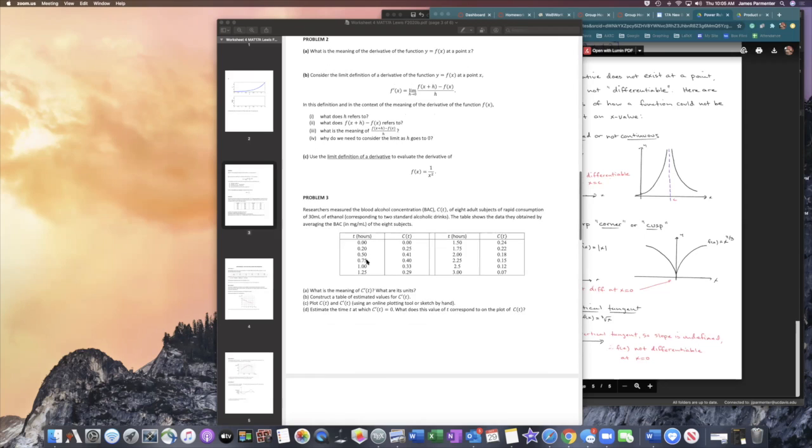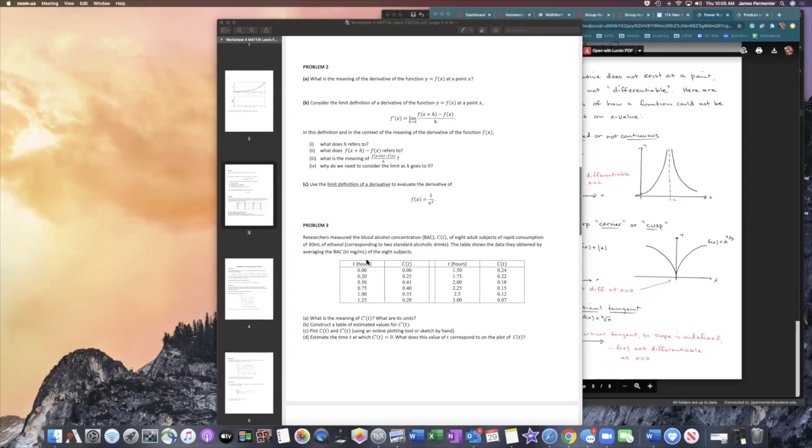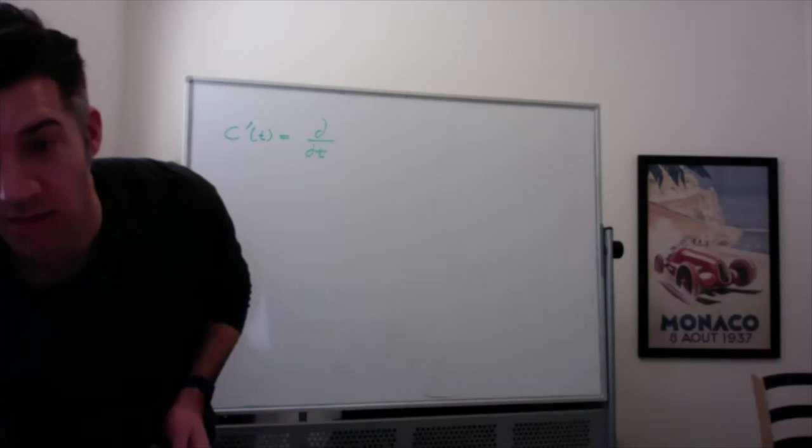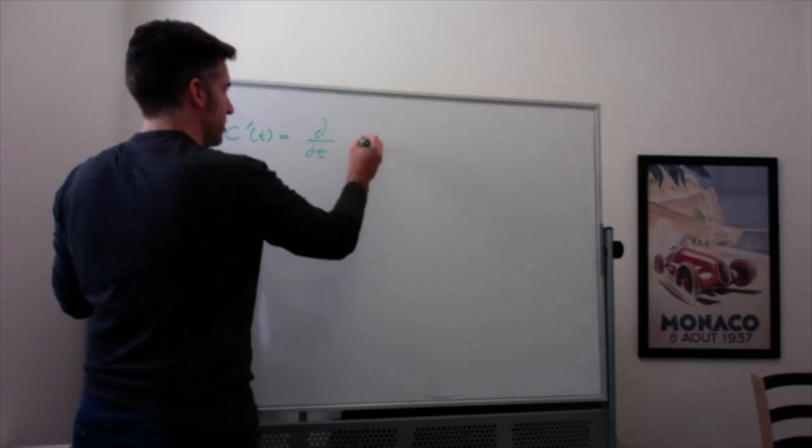So the question first asks, what is the meaning of C prime of t, and what are its units? I'm going to stop sharing my screen so you guys can see what I'm writing. So the derivative of something, which I can write like this.